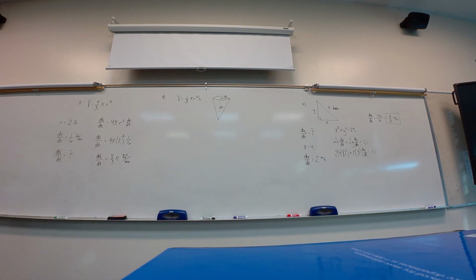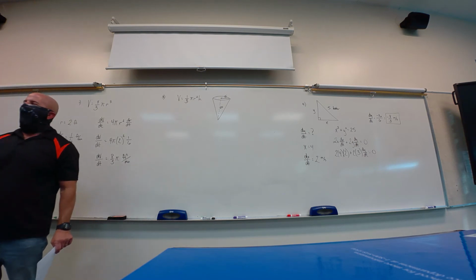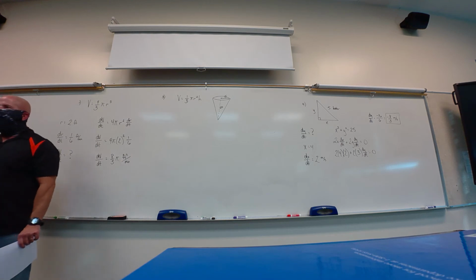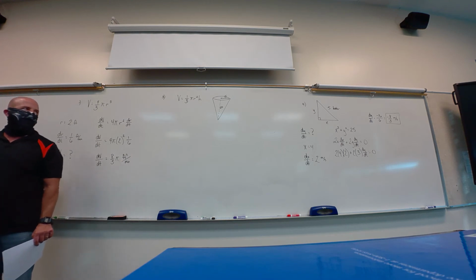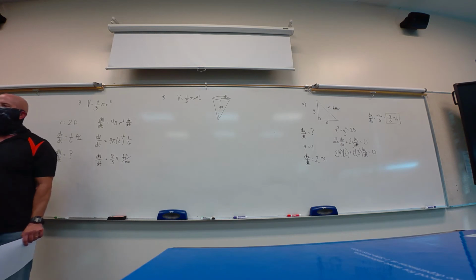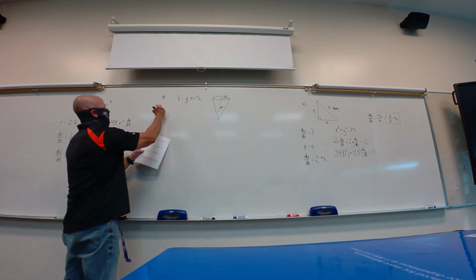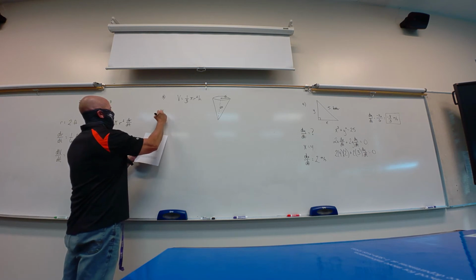Water's running out of the bottom of the tank at a constant rate of 3 cubic feet per minute. Water running out, that's a rate. Is that dV, dr, or dH? dV, so dV/dt.